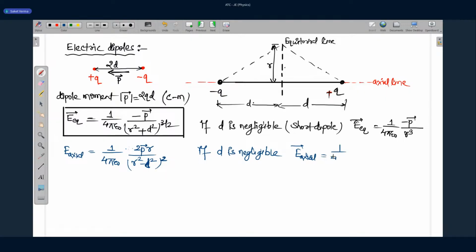So it is 1 upon 4 pi epsilon naught, and because there is also r in the numerator, it gets cancelled and we get this. Here you can see that for a short dipole, the axial electric field is twice the equatorial, with a minus sign.